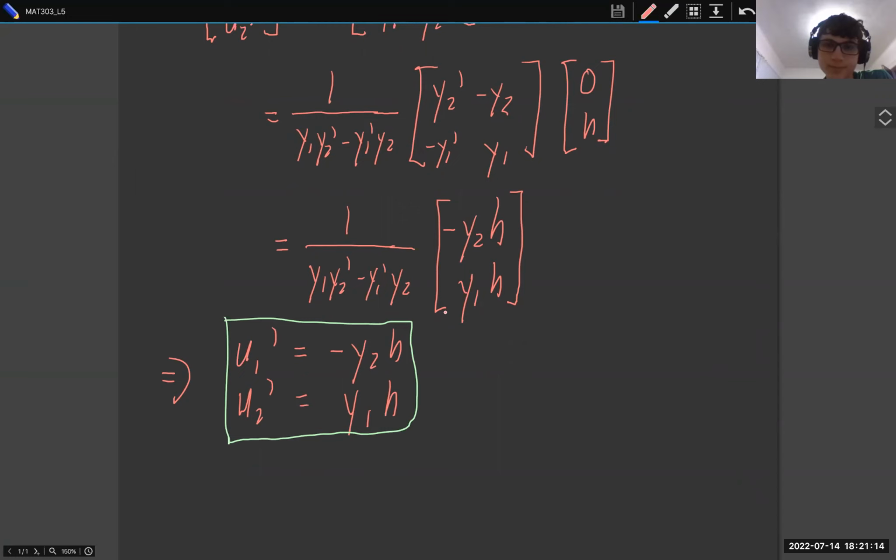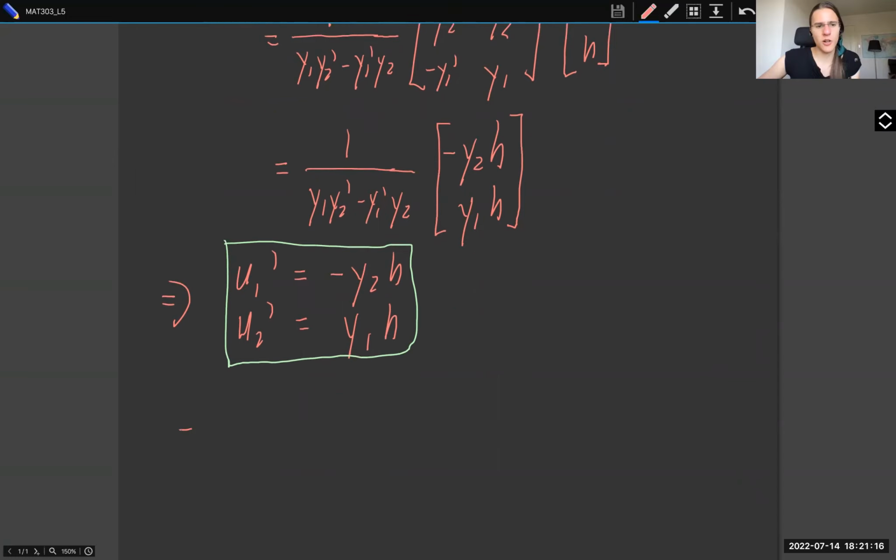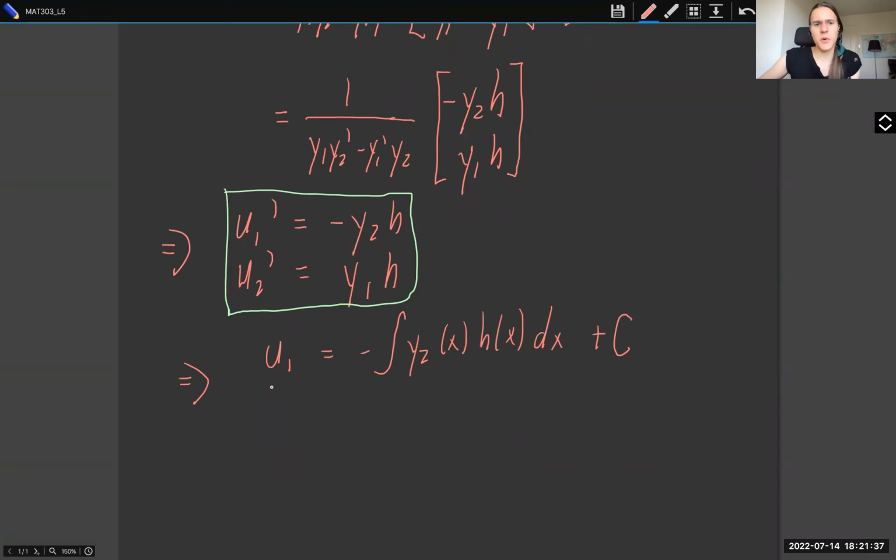So as a result, we're able to solve for u1 and u2. u1 is equal to negative the integral of y2 h. Well, I guess I can write the x in, and then I can add in the constants, and let's see what the constants mean.